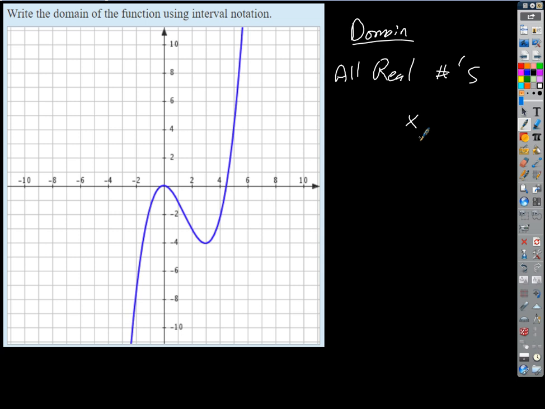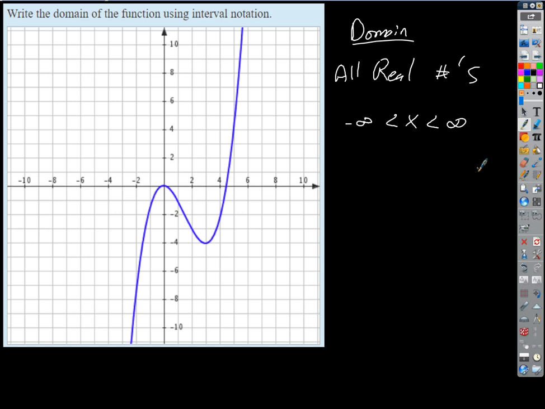X is greater than negative infinity, so all negatives, and less than positive infinity. So it's every number between negative infinity and positive infinity, which is every number, right? Okay, make sense? So it's kind of a weird way of saying it, but that's our inequality way of saying unrestricted or all real numbers, okay?